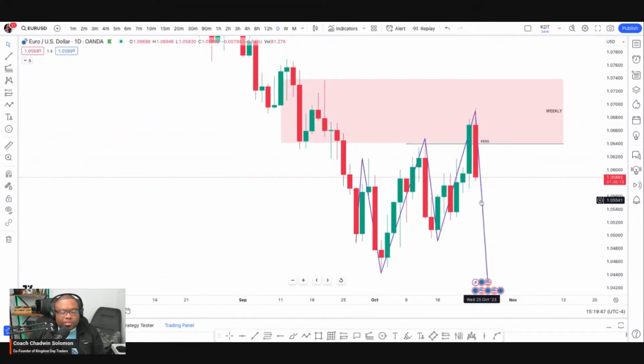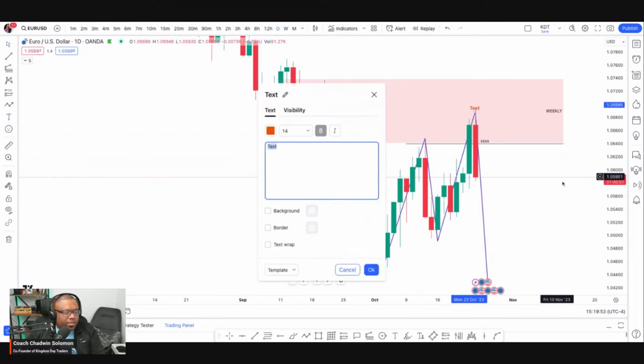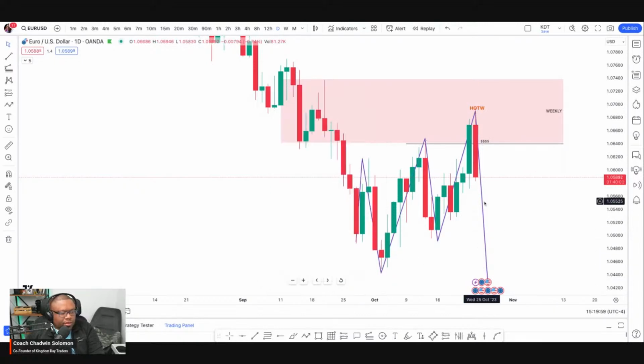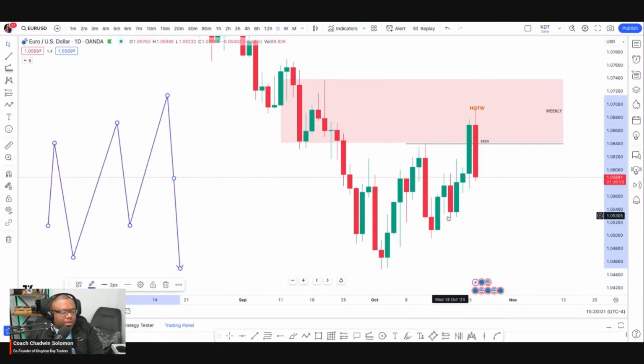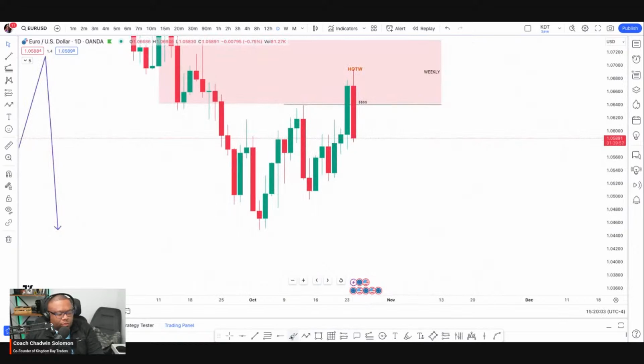Again, what would make this more probable is if Tuesday is the high of the week, right? Days of the week matter. Now, let's look at what we're also seeing over here, right? We're also seeing some trend lines over here.